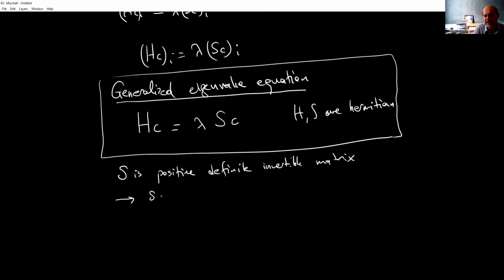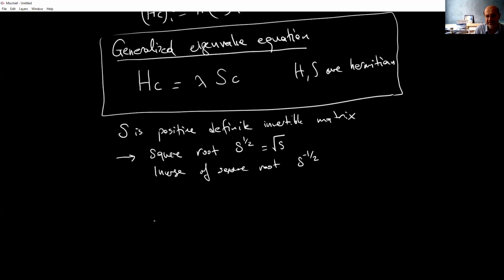So we can define the square root, S to the power 1/2, the square root of that matrix. There is a procedure for how we can compute this, but in any case, it can be done. It has an inverse, so there is also an inverse of the square root, because it's invertible.